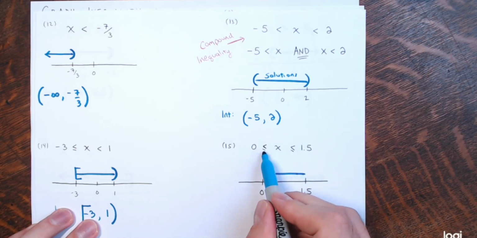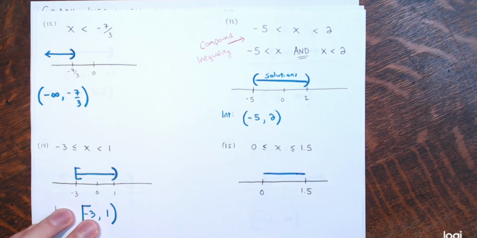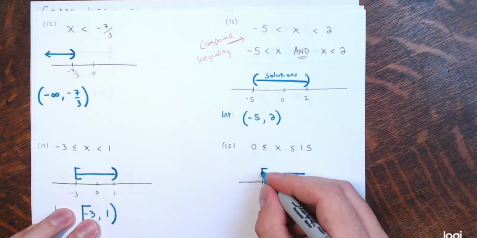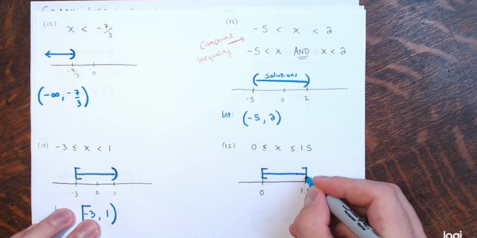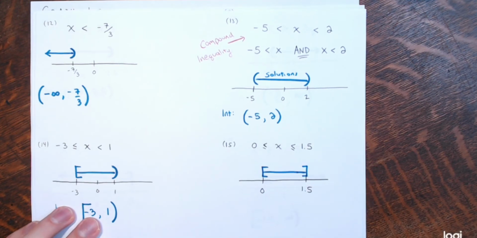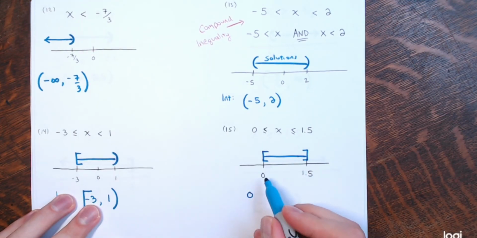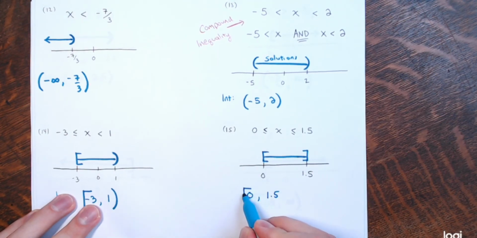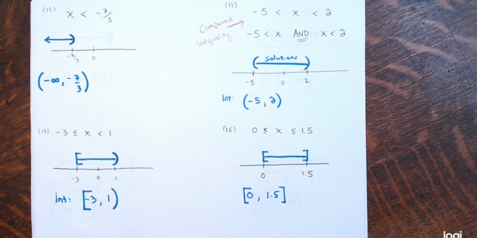It's greater than or equal to 0 and less than or equal to 1.5. And 1.5 satisfies both as well. So I got a bracket on the 0, bracket on the 1.5. And then interval notation: this piece of solution starts at 0, going left to right, ends at 1.5. And you have the rectangular brackets on both ends. Both 0 and 1.5 are solutions.